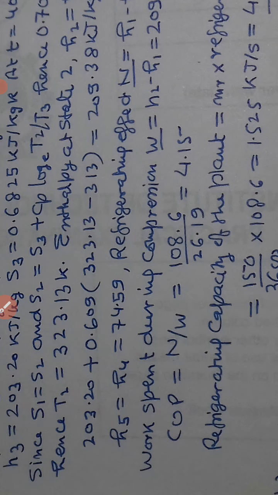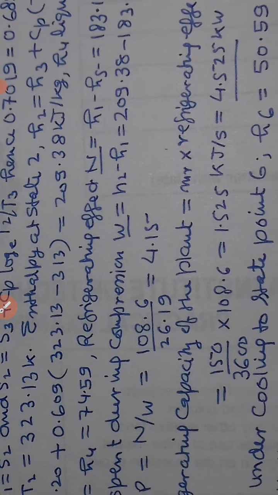Refrigerating effect will be given by N, that is H1 minus H5, and that value will be 183.19 minus 74.59, that gives 108.6 kJ per kg. Now work spent during compression, W, is given by H2 minus H1, that is 209.38 minus 183.19, which gives 26.19 kJ per kg.